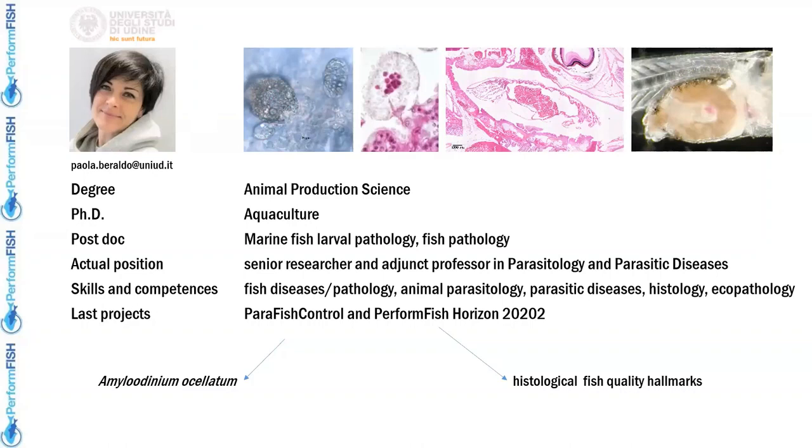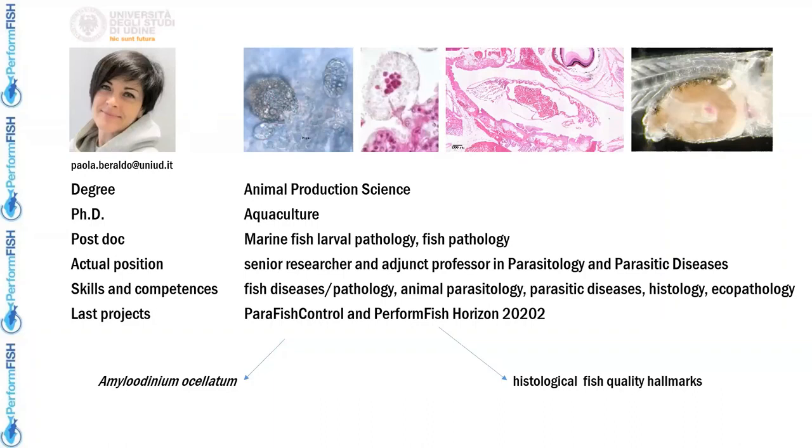And so in the Fairphone Fish project, my history fit well with the requirement of the project, which was to find quality histological indicators for larval and juvenile stages of sea bass and sea bream.